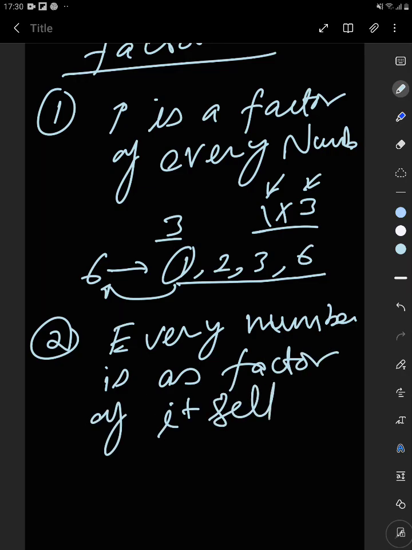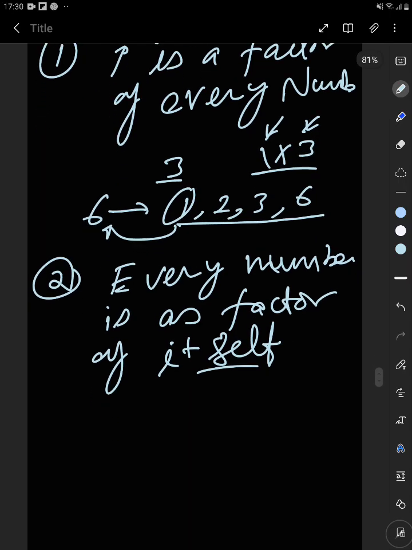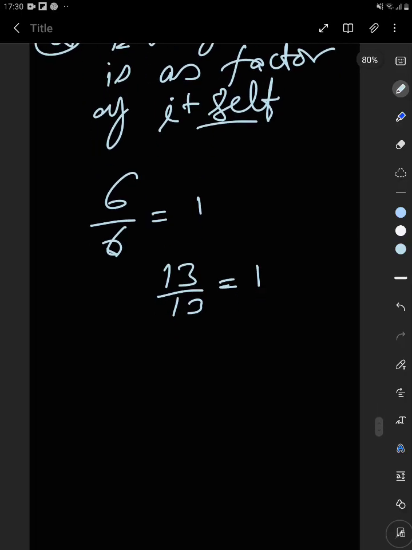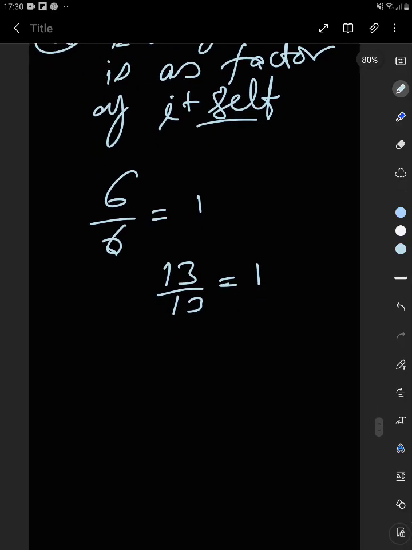Itself means its own. For example, 6 can be divided by 6 without any remainder. Any number you take and divide by itself, you will get 1. So every number can be divided by itself, therefore every number is a factor of itself.